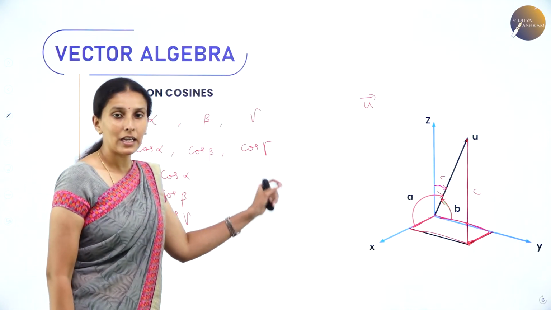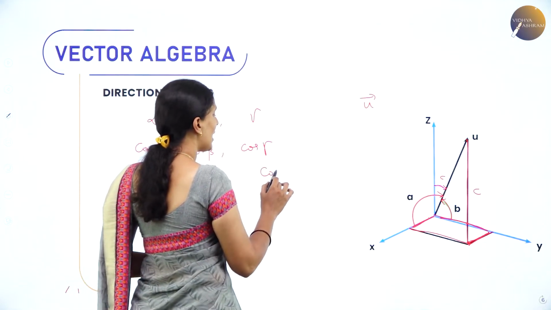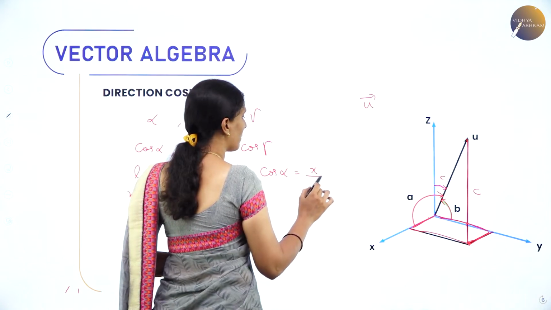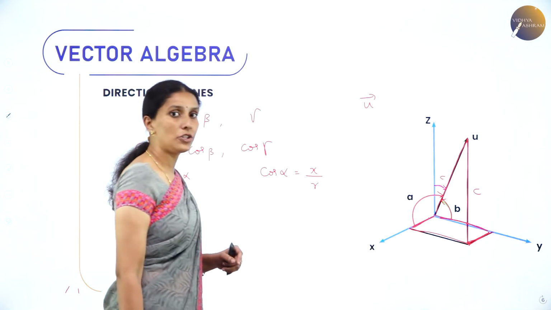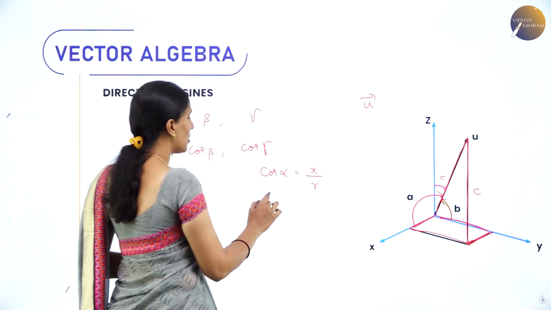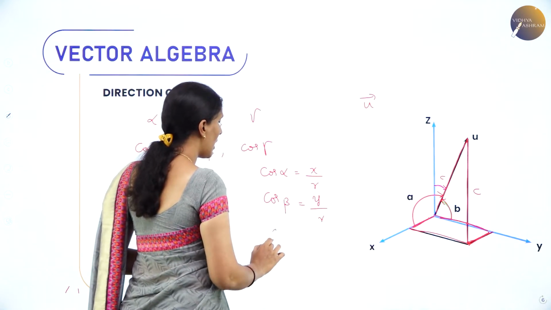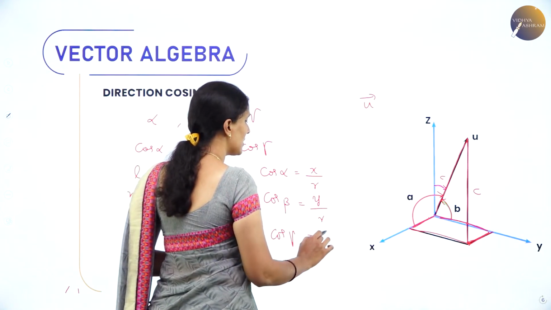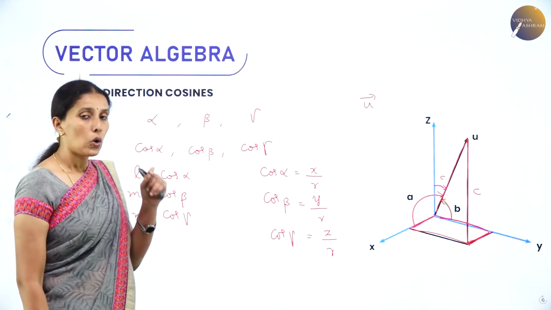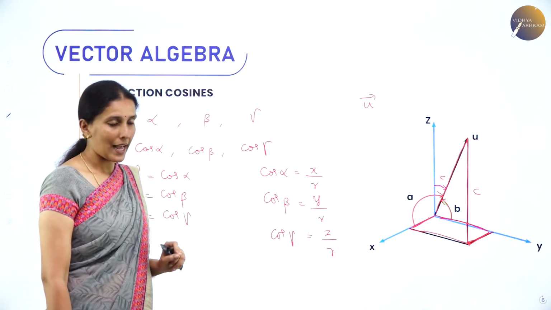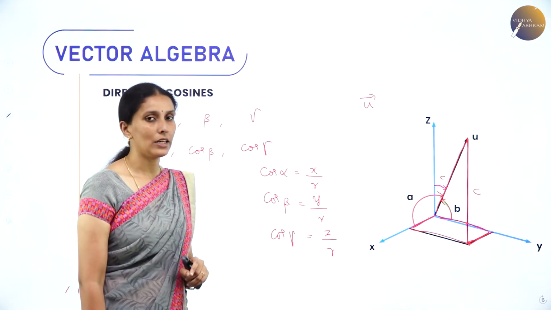So if you apply cos of alpha, beta, gamma, we will get cos alpha as x by r. Here r represents the magnitude of the given vector, and cos beta we get as y divided by r, and cos gamma we get as z by r, where x, y, z denote the coordinate points in the three-dimensional axis and r denotes the magnitude of the position vector given.